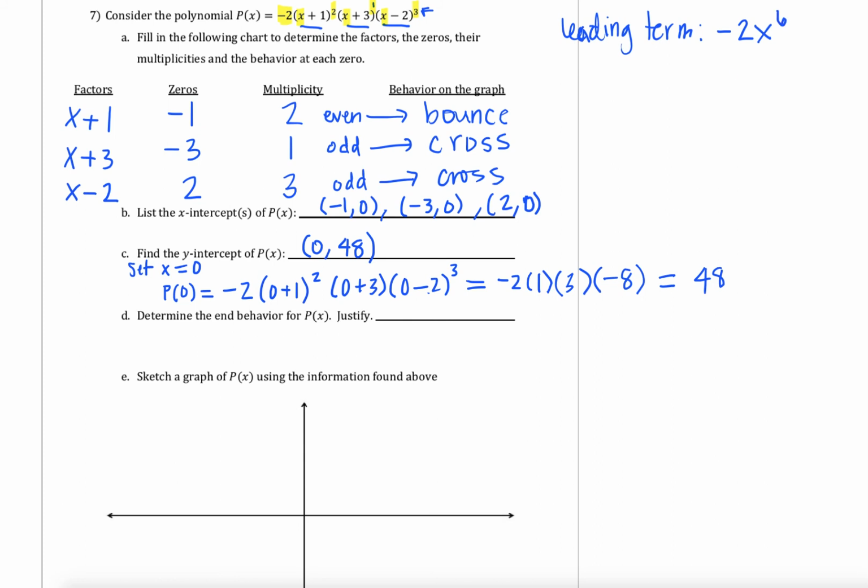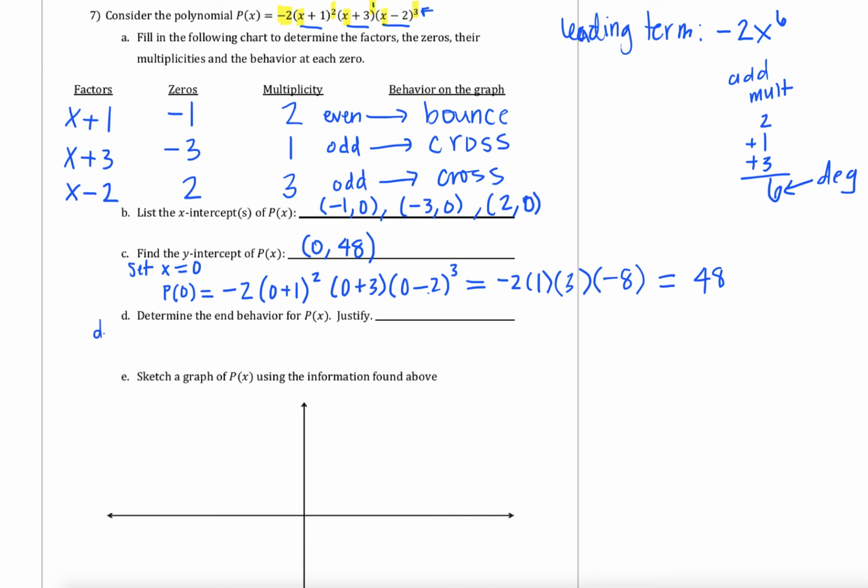Another way to see this is if I add up my multiplicities. So if I take all my multiplicities of 2 plus 1 plus 3 from part A, if I add those up, that actually gives you our degree. And so that's another way that I can check that my degree here would be 6, so I would end up with a -2x to the 6 as my leading term.